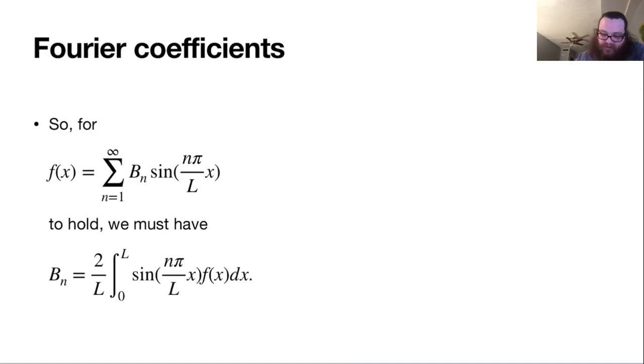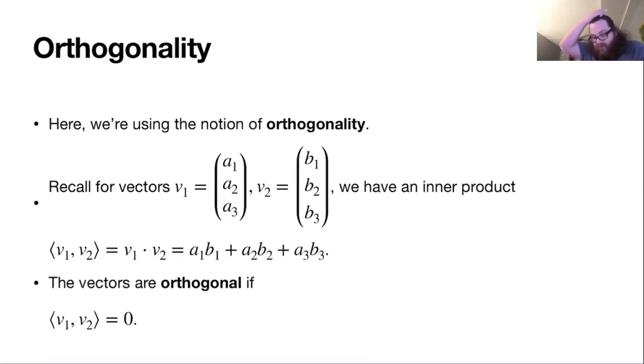Okay, so before actually solving something, what I'll say briefly is how this notion of orthogonality comes up. If we have two vectors, v1 is this vector in three-dimensional space, v2 is this vector in three-dimensional space. We have what we've called an inner product or a dot product.